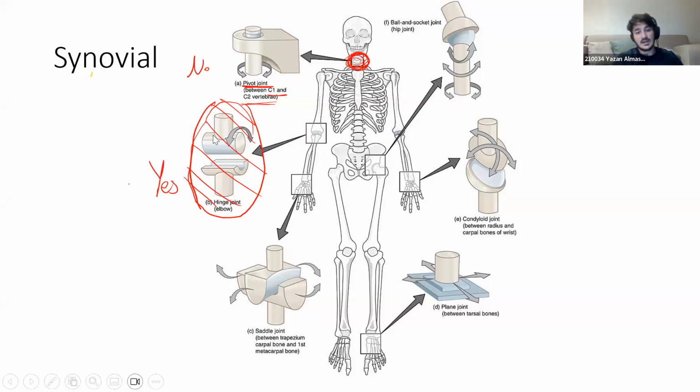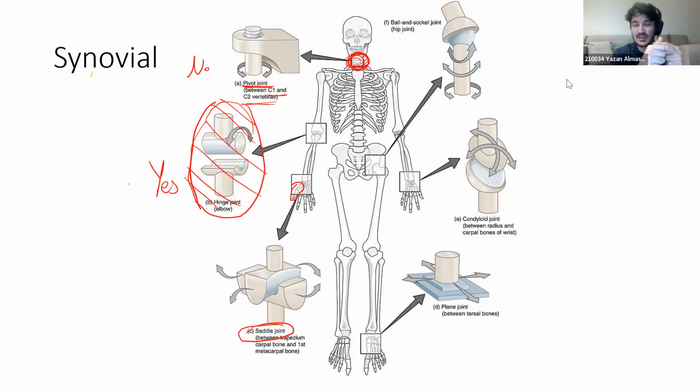Then we have the saddle joint. Now the saddle joint is present in a specific place, okay? What's this place? It's the thumb. If you try to move your thumbs around, you will feel you have a lot of range of motion. There is some range of motion, but it's not so flexible.